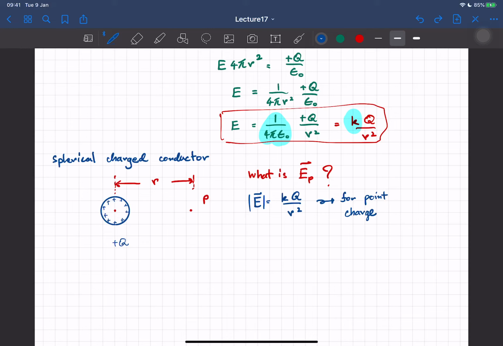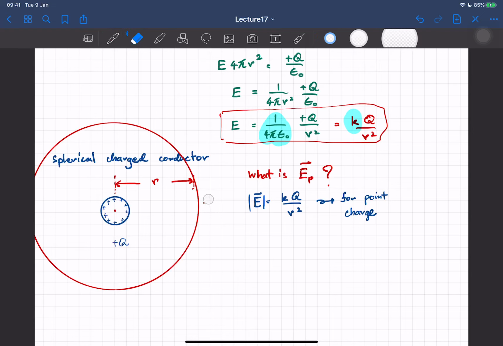So you still have this spherical symmetry. So what I can do is create a spherical Gaussian surface. I'm going to change it a little bit here.